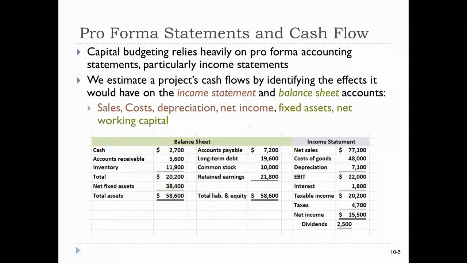I'm departing a little bit from the chapter here and the way the chapter does things. I'll use some of their examples, but the chapter relies pretty heavily on some material that we didn't cover back in chapter 2, where they define some measures of cash flow that are pretty relevant.